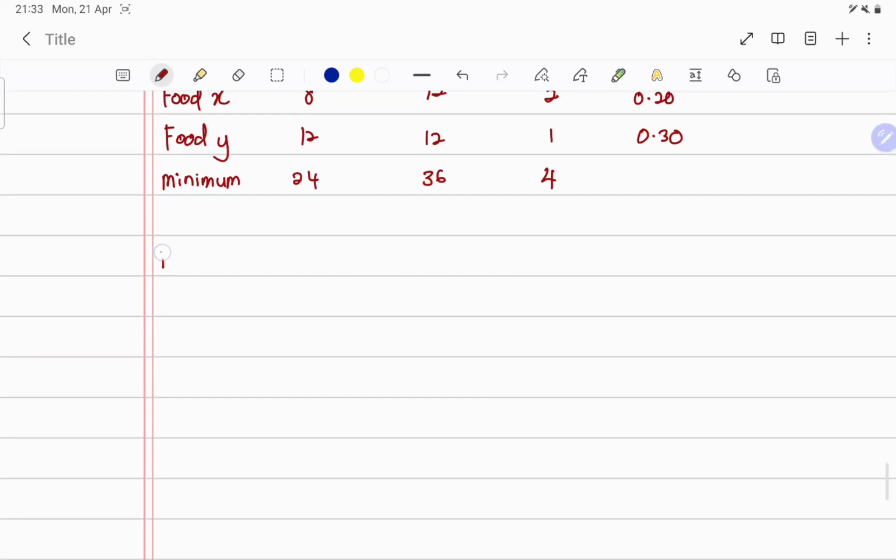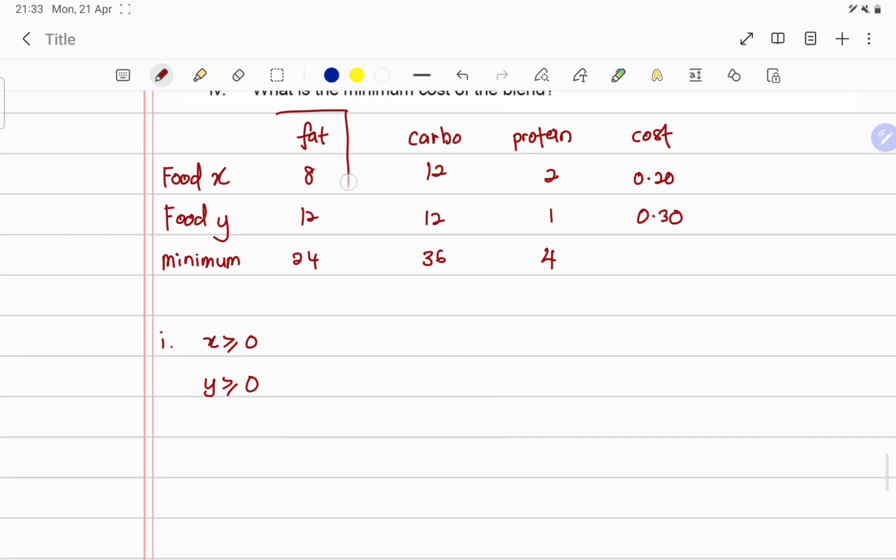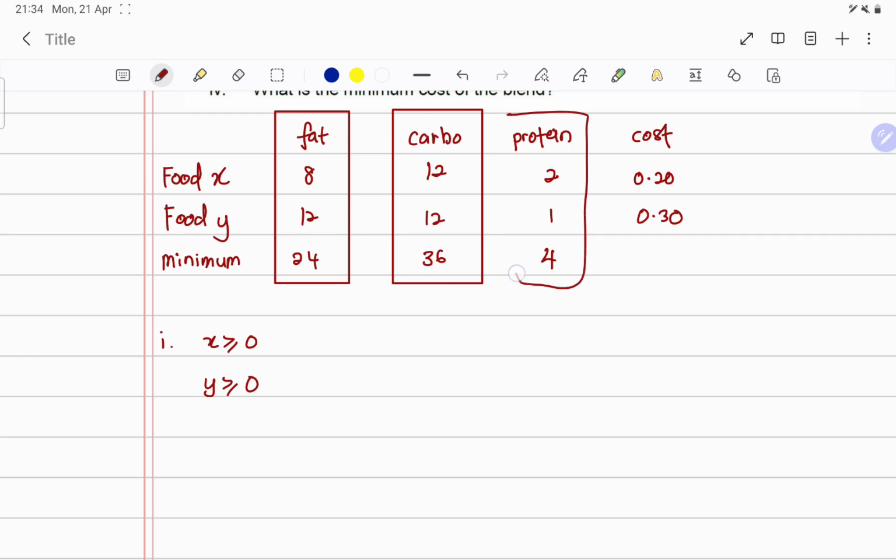So right now we need to write all of the constraints except x greater equal to 0 and y greater equal to 0. We need to write all except these two. The first one, we will write based on fat. The second one, we're going to write based on carbo. The third one is based on protein.